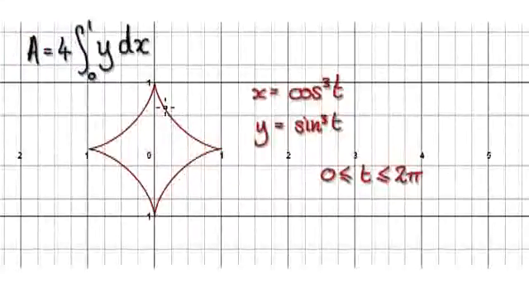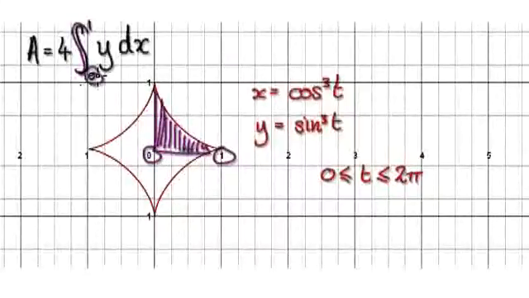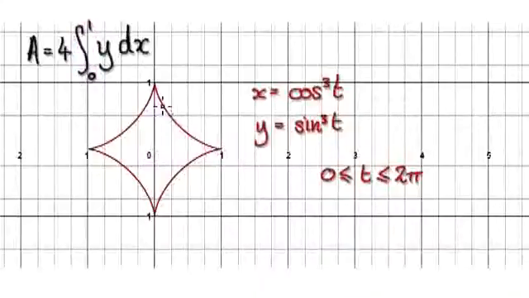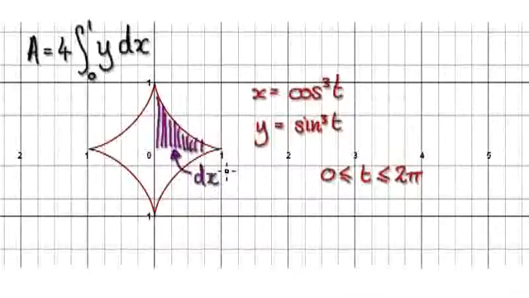In our Cartesian form, to work out this area here, we would need to sum up all the strips from 0 to 1. So we are moving in the x direction. The thickness associated with this random strip is dx.